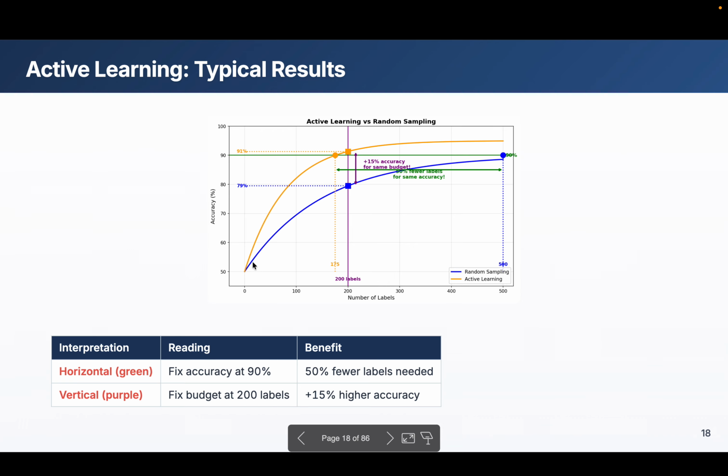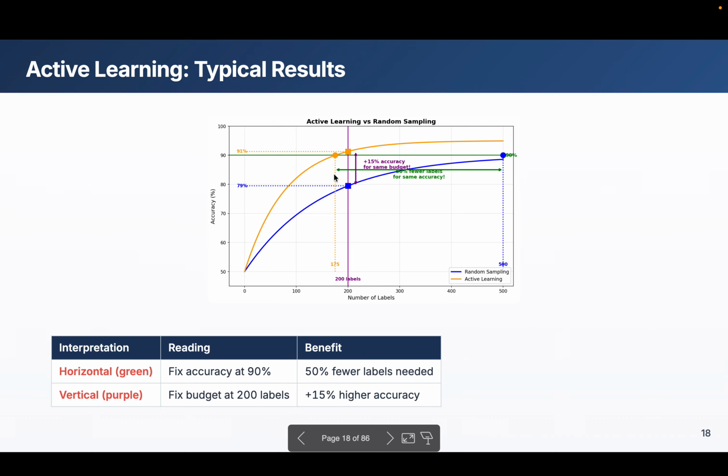Now, if you add some samples randomly, which is shown in this blue curve, instead of choosing them as per our method, versus you choose the samples as per the most difficult samples as per our acquisition, we will see that the accuracy improves more quickly for the orange strategy, which is the active learning strategy, and there is a substantial gap. Now, here are the two things which we have to consider.